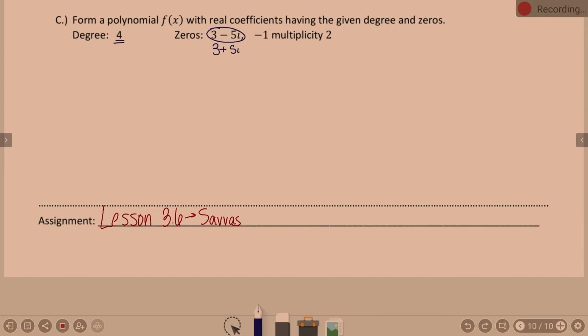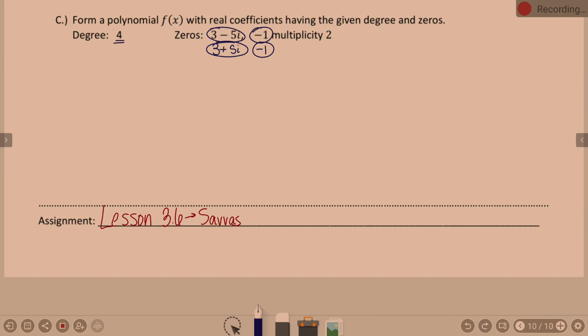Now, negative 1 multiplicity of 2 says the negative 1 occurs 2 times. So you're going to have a negative 1 once and a negative 1 twice. Does that make sense? There's going to be 4, one way or the other, okay? It confused me. Let's set up the parentheses.